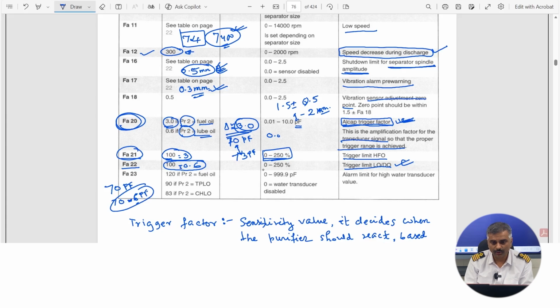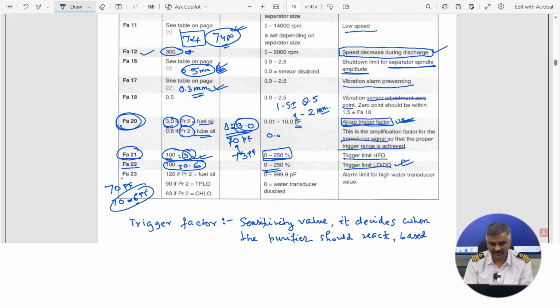In the HFO purifier it is giving a higher range because there is a chance that more water is about to enter, so the sensitivity has been reduced in this case. So when a 3 picofarad difference comes, that time the valve will open. That is the sensitivity of the capacitor, the MT50 water transducer.